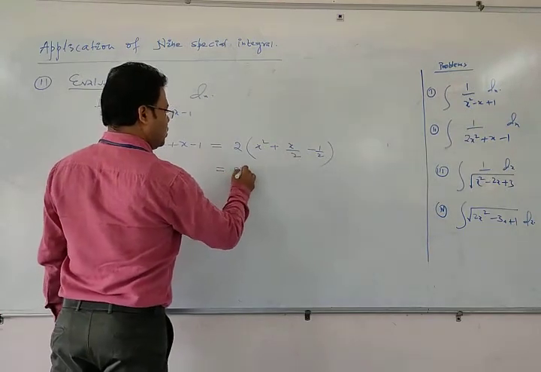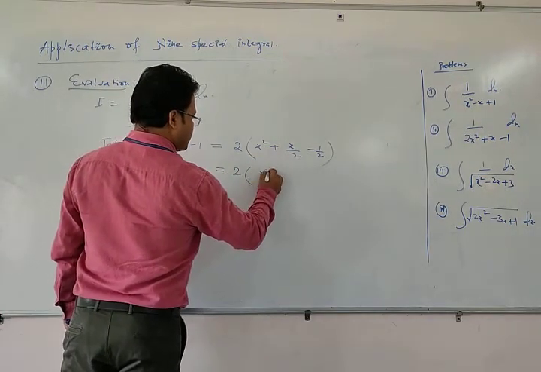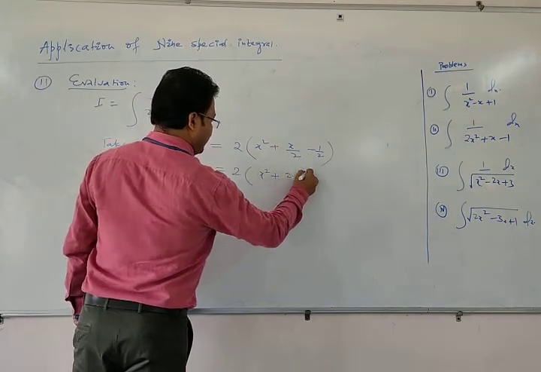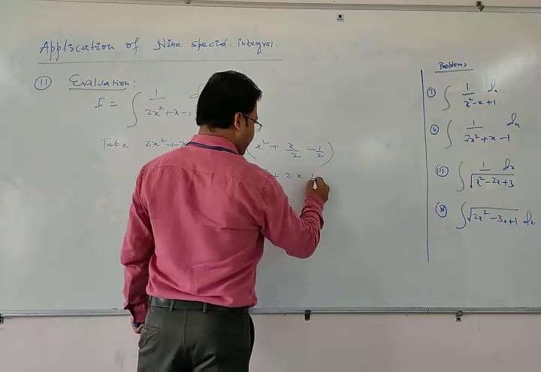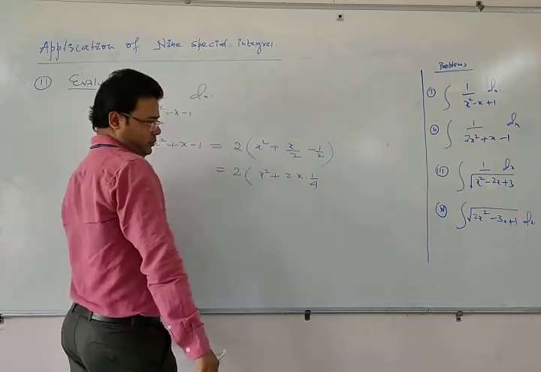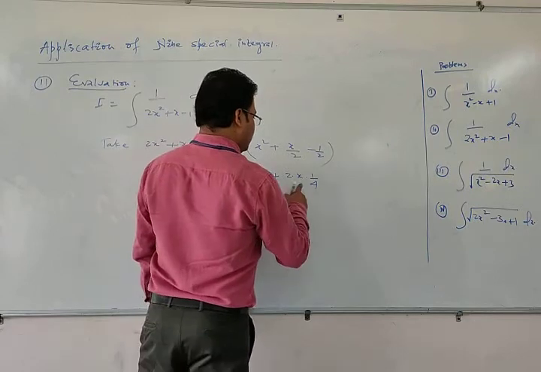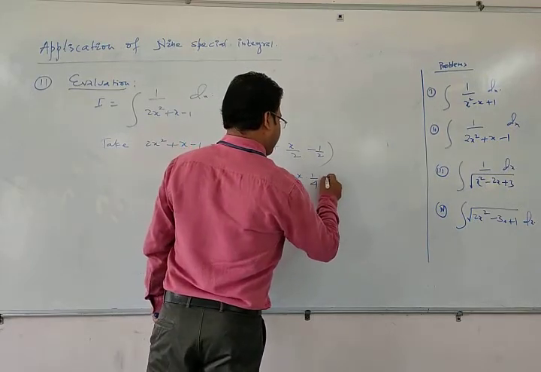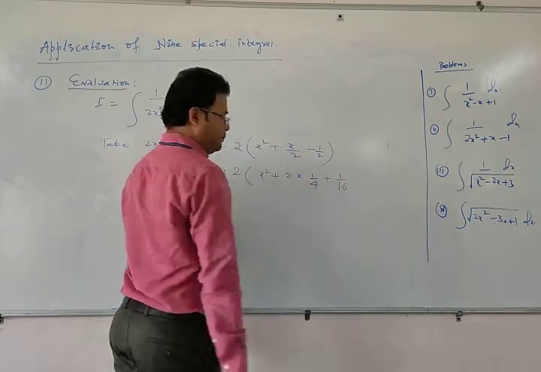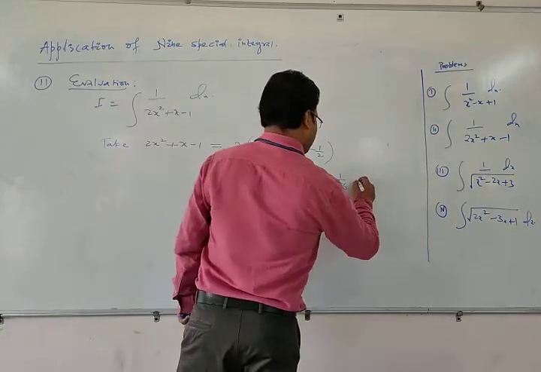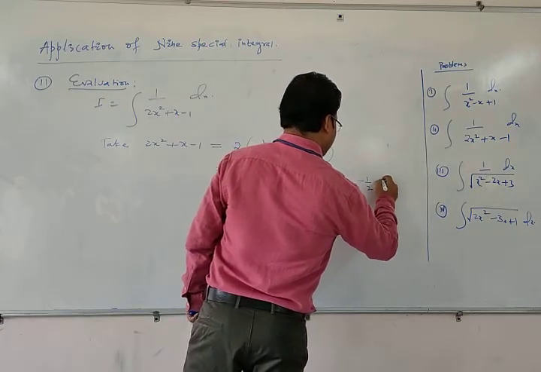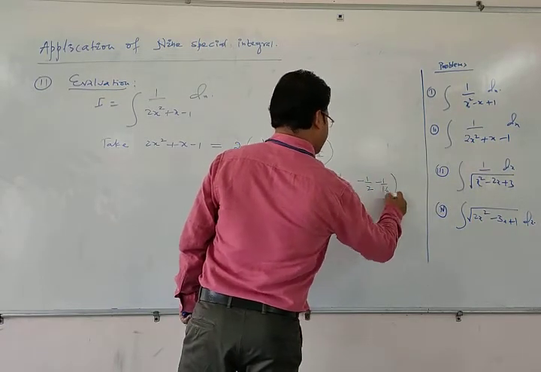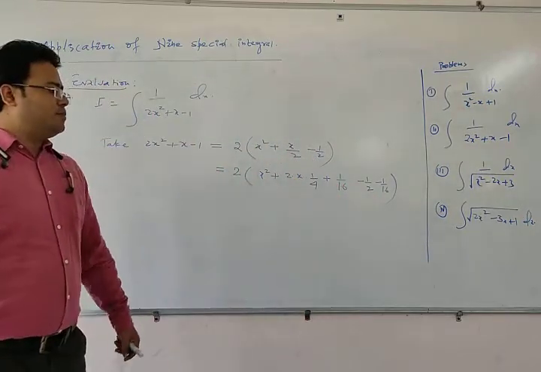This is equal to x square plus 2 into x into 1 by 4 plus 1 by 16, minus 1 by 2 minus 1 by 16, close the small bracket.